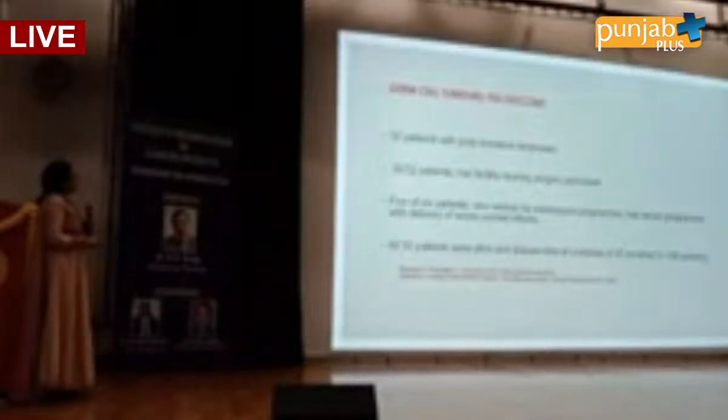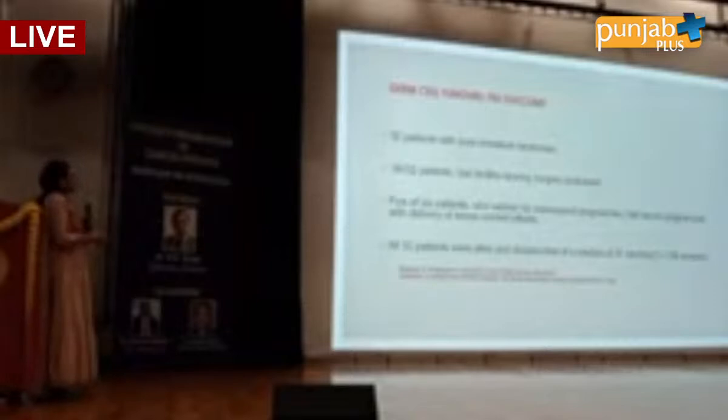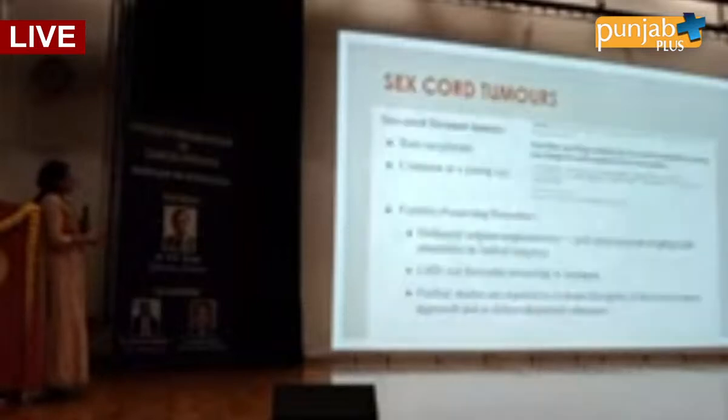And of those who wanted to become pregnant, there were 7 patients, and all of them became pregnant, and most of them had a follow-up of 47 months. So this is a very good study which shows the fertility outcome.